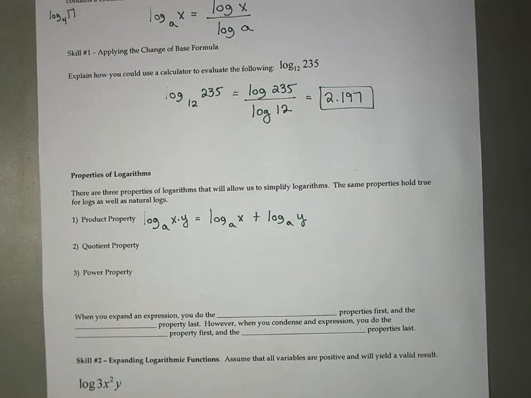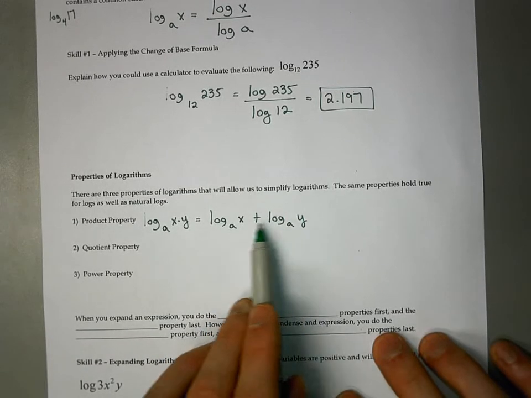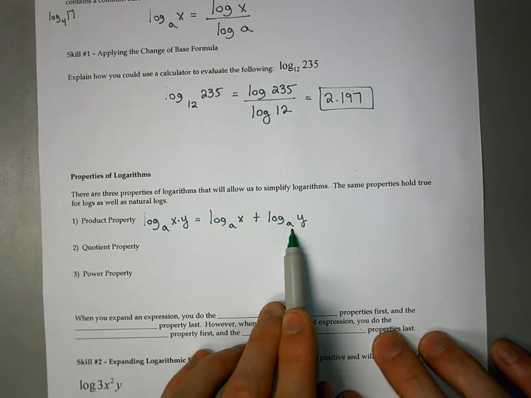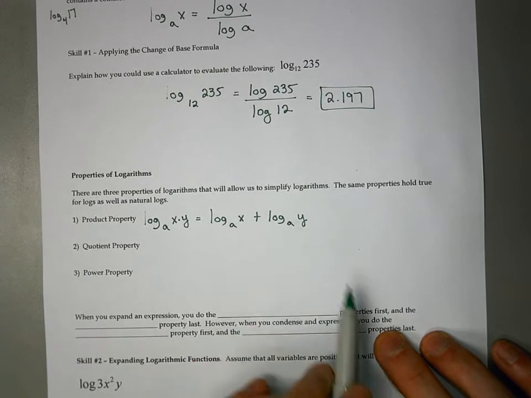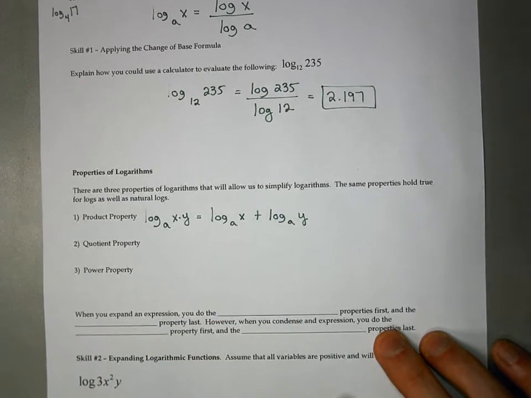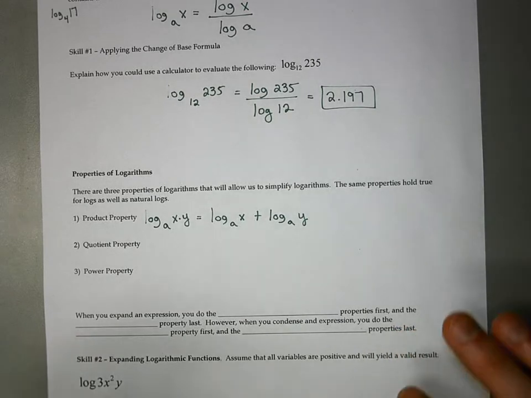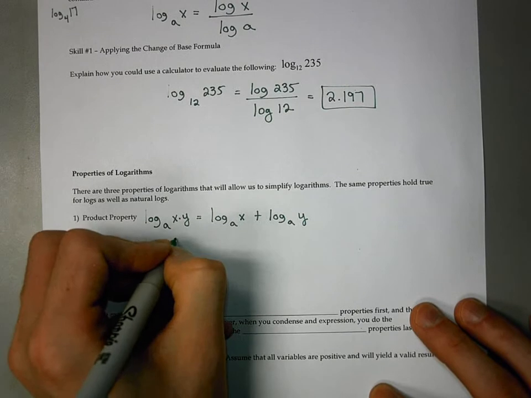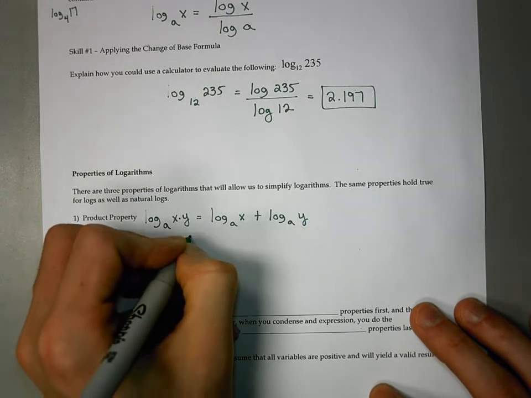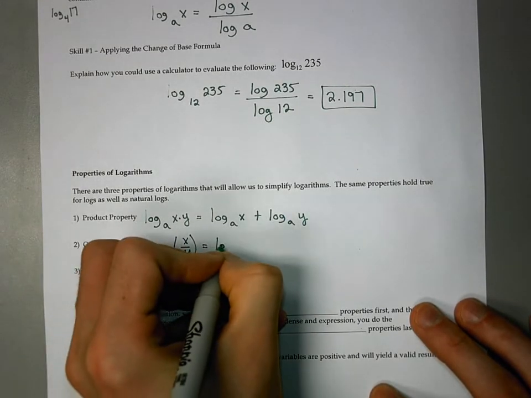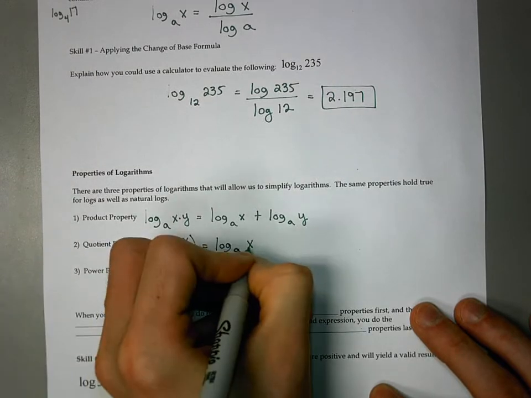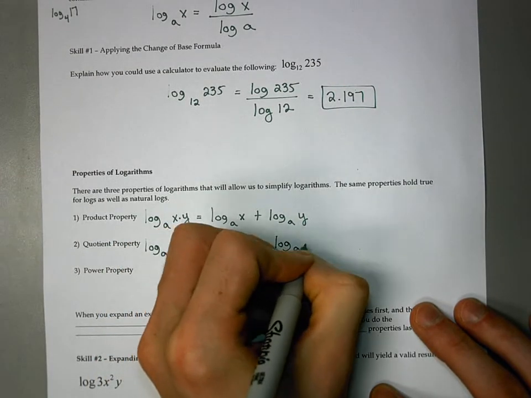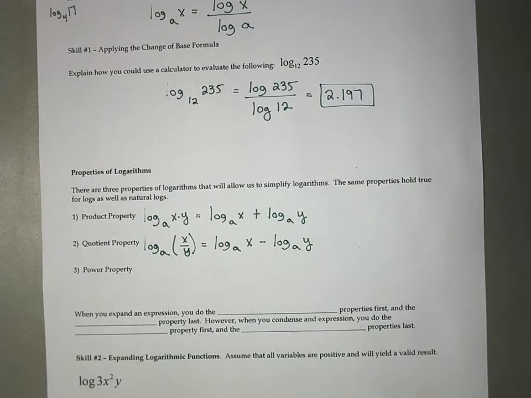When you separate stuff in the product property, the two separate logs get added together. And if I were to go in the reverse direction, if I have two separate logs that have the same base that are being added together, I can combine and multiply their back components. The second piece is the quotient property. Log base a of x divided by y, I can expand out to log base a of x minus log base a of y.